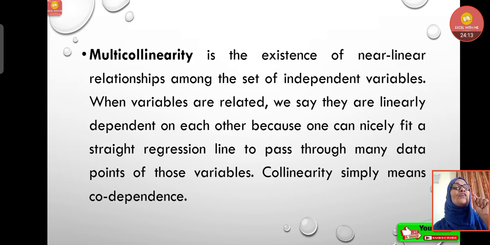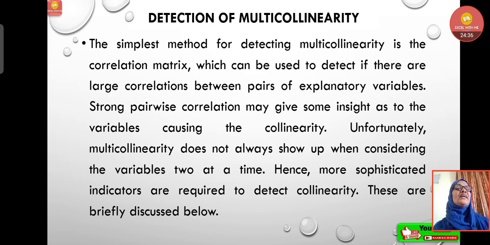It is the existence of near linear relationships among the set of independent variables. When variables are related, we say they are linearly dependent on each other, because one can nicely fit a straight regression line to pass through many data points of those variables. Collinearity simply means codependence.